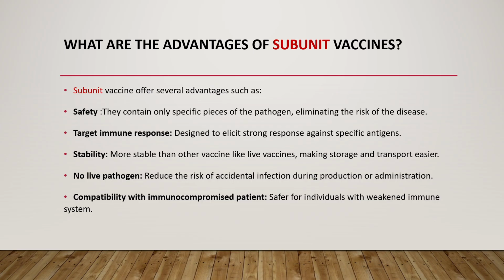They are also more stable than other vaccines like live vaccines, so they are easier to transport and store. Since there is no live pathogen, it reduces the risk of accidental infection during production or administration. Also, the subunit vaccine is very safe for individuals who have a weak immune system.